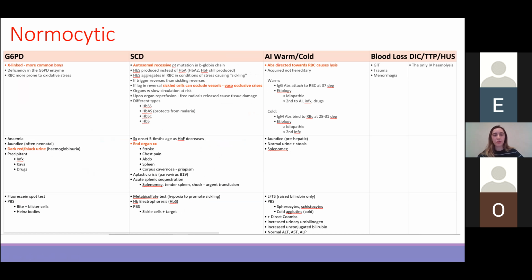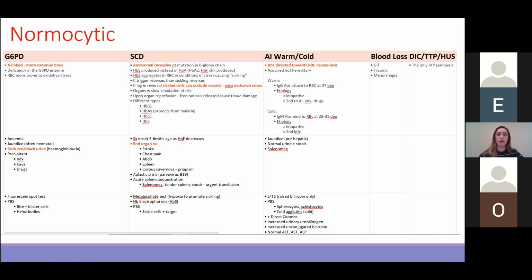This is the same thing for normocytic. So I'll just briefly talk about sickle cell because we had a question about that. With sickle cell, it's an autosomal recessive point mutation in your beta chain. And the problem is that you get this weird HbS, which is bad because in conditions of stress, such as infection, the cells become really sickled.